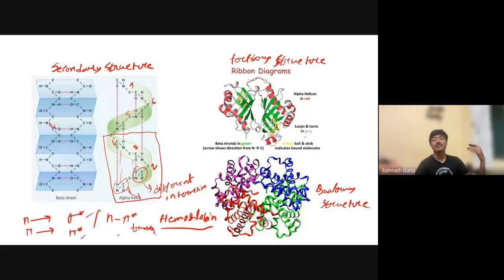It is a helical structure, so the n to pi star transition in the alpha helix is present, and these have different magnetic moments with respect to the amide N-H and the C=O of the carbon over here.